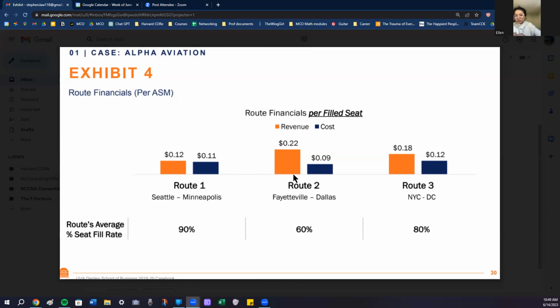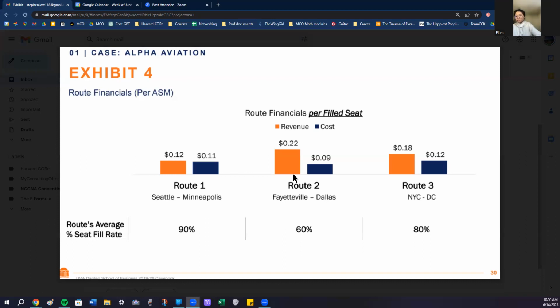So multiplying the profit per ASM by the seats available per plane, multiply that by the miles traveled, and then multiply that by the fill rate to ultimately receive the profit per route. I think that's a good way to go about it. Yeah, please go. Great, thank you.